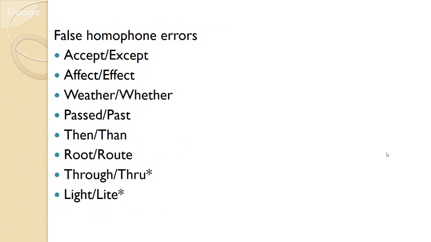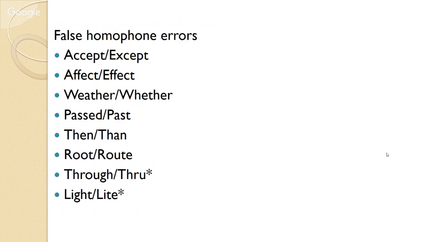So as a verb, it would be, I passed the house on the left. Past as a noun is typically used to refer to time, as the past tense or something that happened in the past. Then and than, people know the difference there. I think that's probably more of a lazy spelling error when they confuse those.